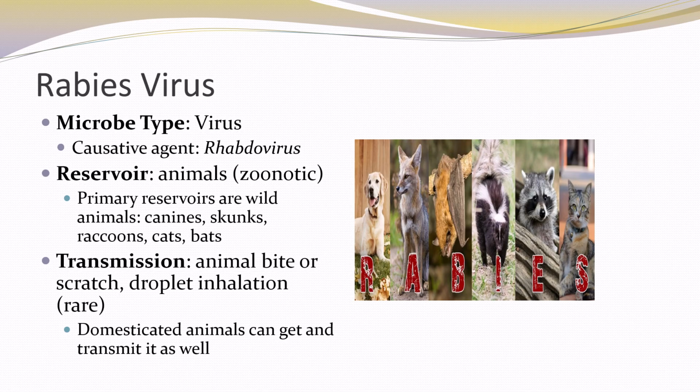Droplet inhalation, which is incredibly rare, would have to be that this animal that has the rabies virus is growling or barking or yowling or whatever right in your face and you're breathing it in.